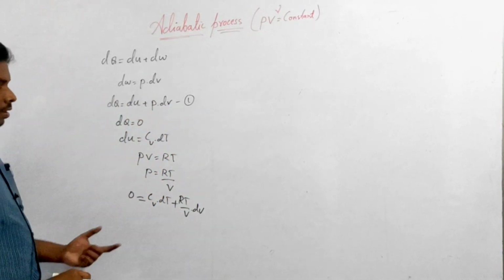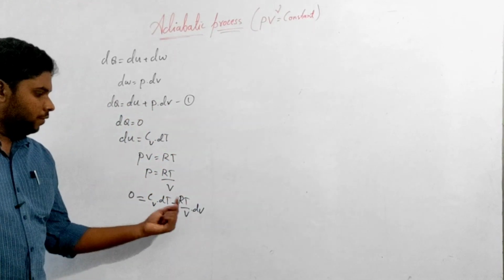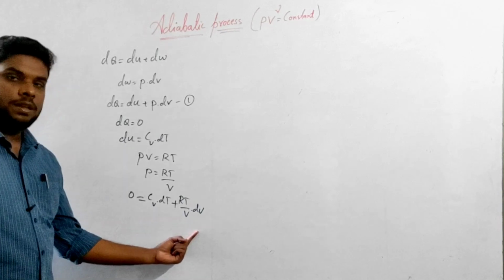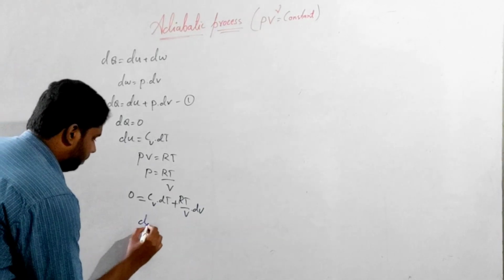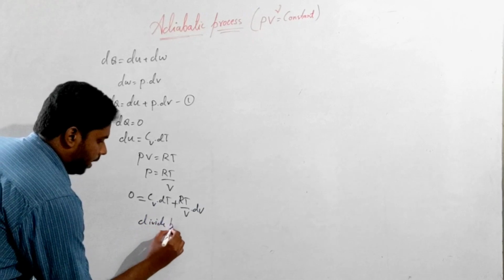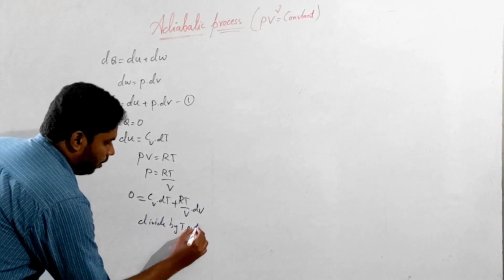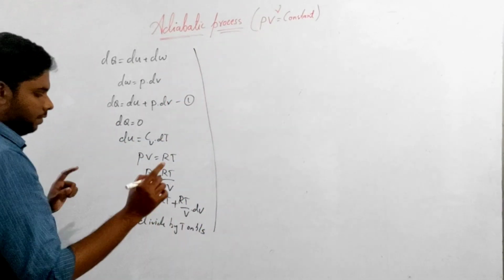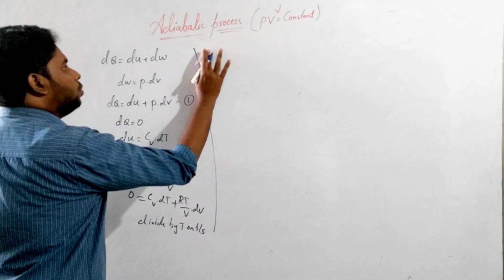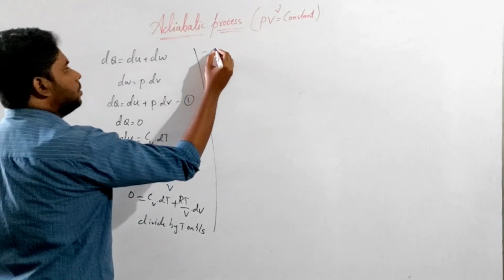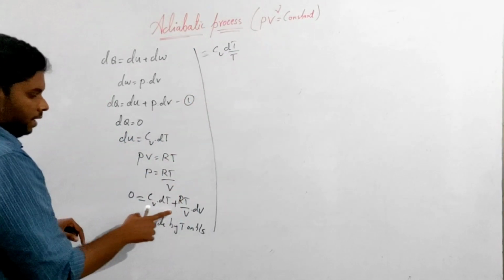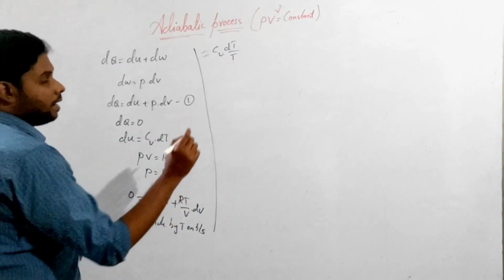Now I have to remove this T. So what I will do, I will divide the equation throughout by T on both sides. So what I get: 0 divided by something will be 0, which equals, now this Cv dT, I am dividing by T here, so this T and this T get cancelled out.